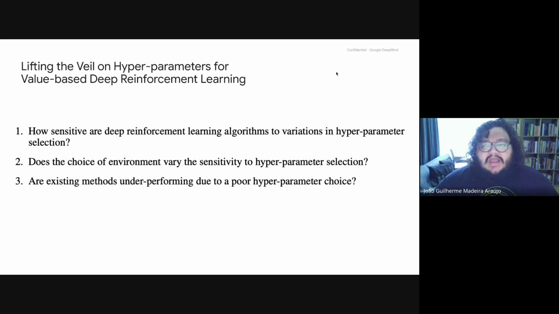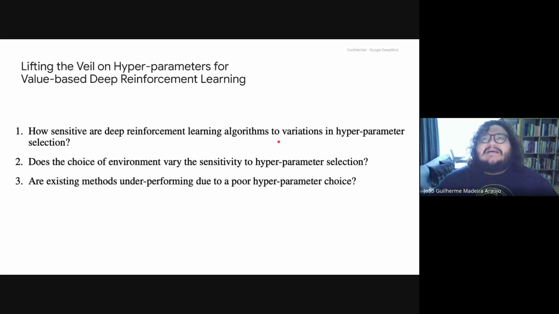And we had three main goals with it. First was looking at how sensitive the algorithms are to variations in hyperparameter selection. Then, does the choice of environment change that sensitivity?